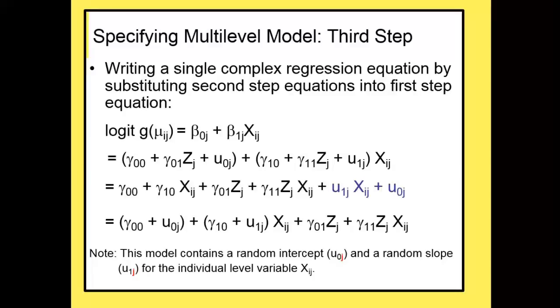So what do you do with this model? If you had this situation, what would you do? If you're using GLIMMIX and you were going to write the code for GLIMMIX, you already have enough information from this model to know what to write. You write proc GLIMMIX, you write the model statement, you put in the fixed effects, and then how many random statements would you have?